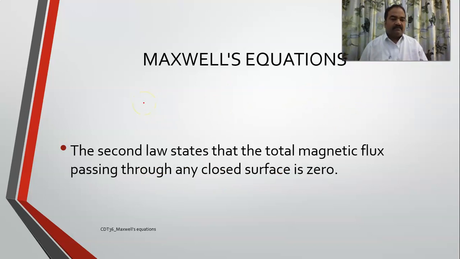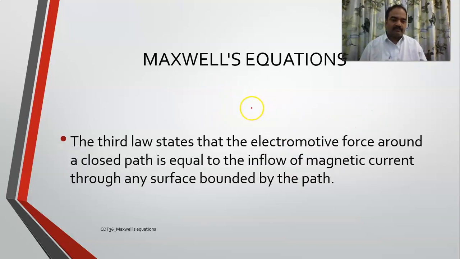The second law, which discusses the non-existence of magnetic charge, we can write as del dot B is equal to 0, which means that the total magnetic flux passing through any closed surface is always equal to 0.